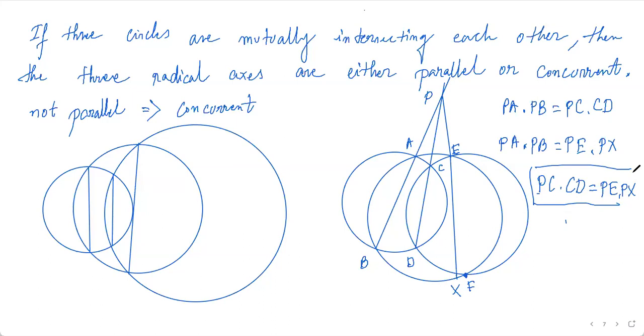Thus the point X is on the second circle. Similarly, it should also be present on the third circle, and there's only one possibility for X to be on the second circle as well as on the third circle, that is the point F. So that's the proof.